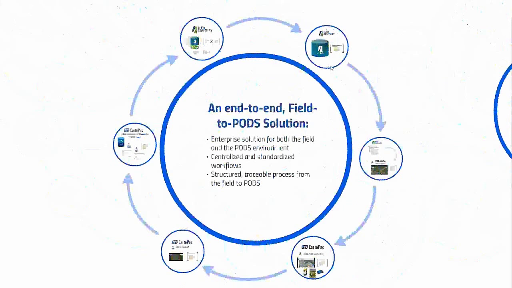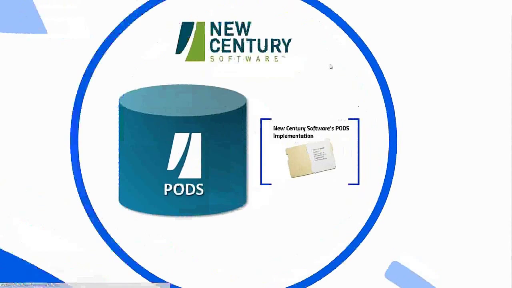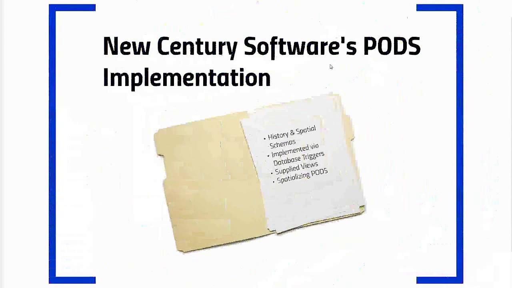At the very beginning of the process, we are taking that PODS spatial implementation, and again, that PODS relational database has things behind it that are very valuable. There's history and spatial schemas, so all your changes are tracked.